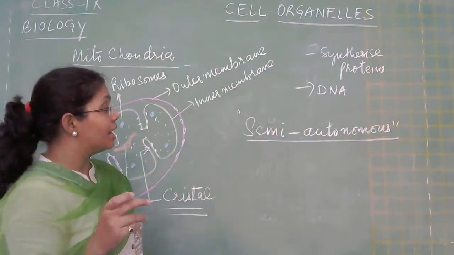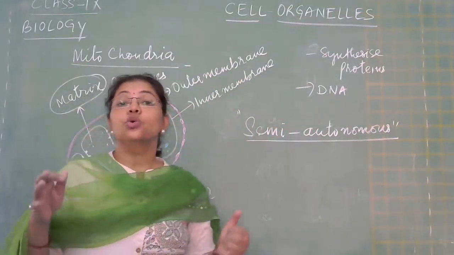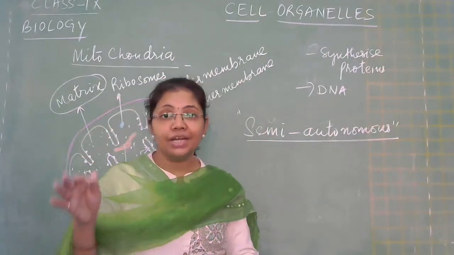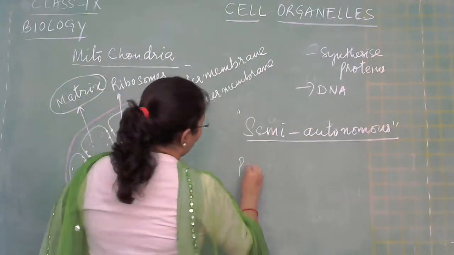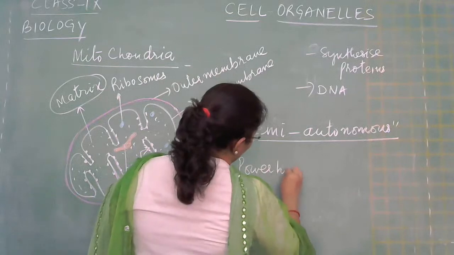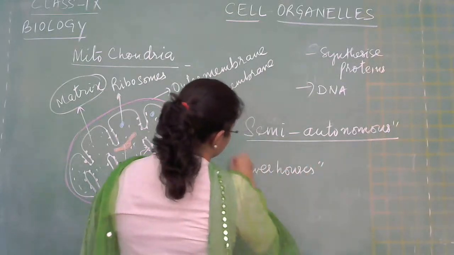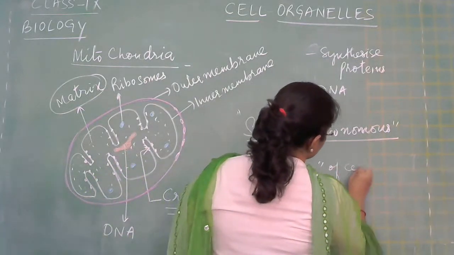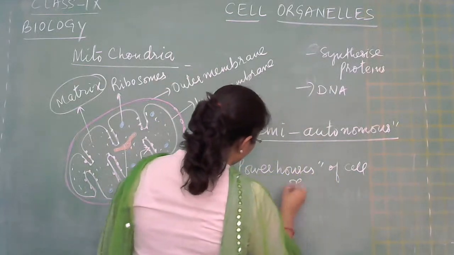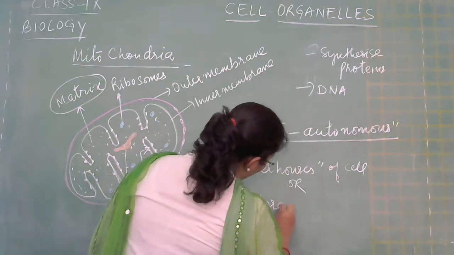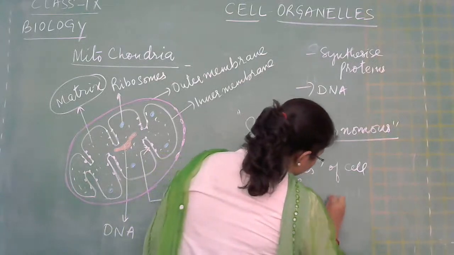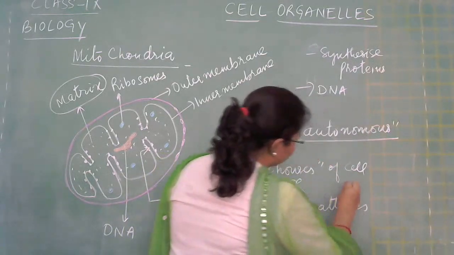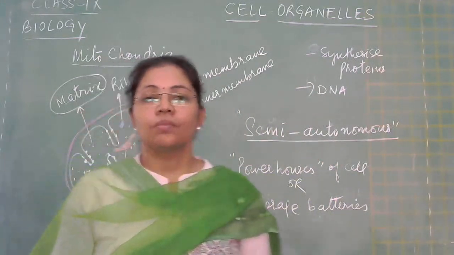Now mitochondria, since their main function is to release energy, right? So they are referred to as powerhouses of the cell, or these are also referred to as storage batteries also. Yes.